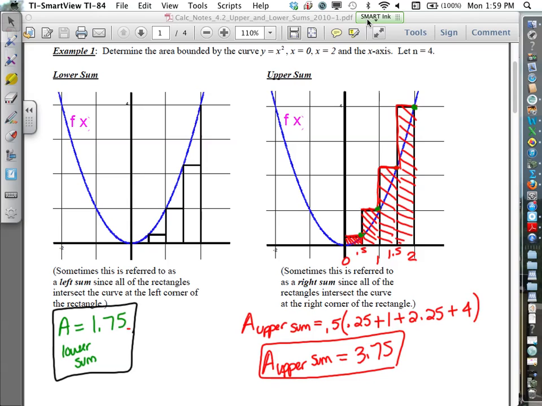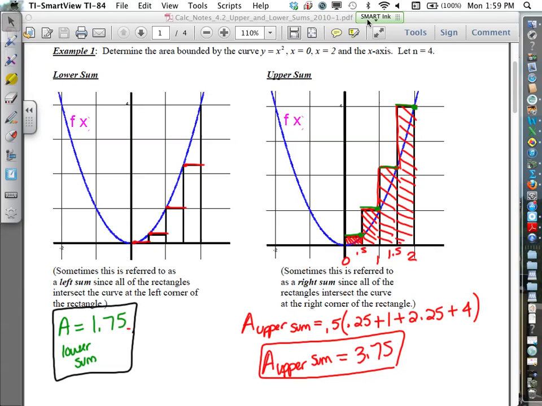All right, so this is nice. The part underneath there says left sum, right sum. Sometimes what will happen is some of these curves, if you look at their endpoint, in this case, the lower sum, we use the left endpoint for each one of these. For this one, we use the right endpoint to come up with the height for each of these rectangles here.